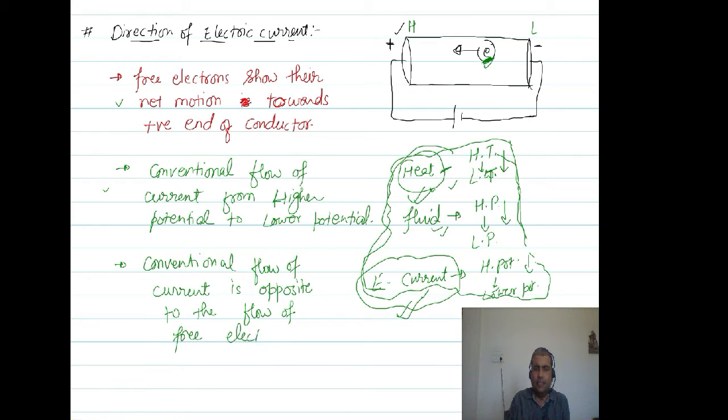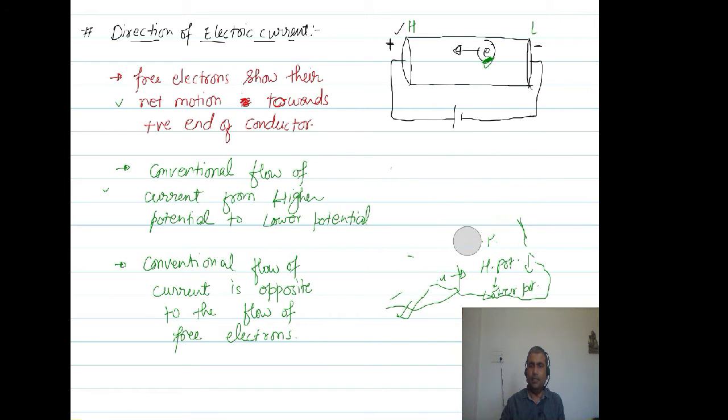Is it clear, students? So this is very easy to understand now. Why do we consider flow of current from the positive to the negative end of the conductor, even in the case of motion of free electrons from the lower to the higher end? The simple explanation is the tradition, this convention. Okay, so this is one point. Now let's come to another point.